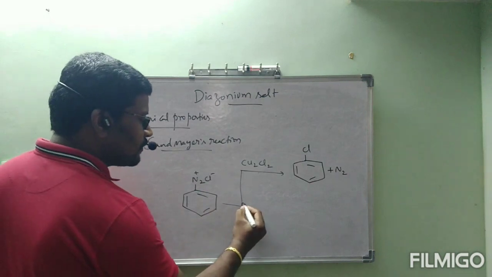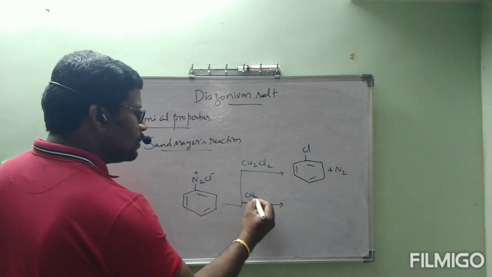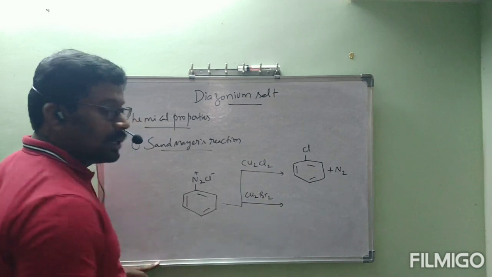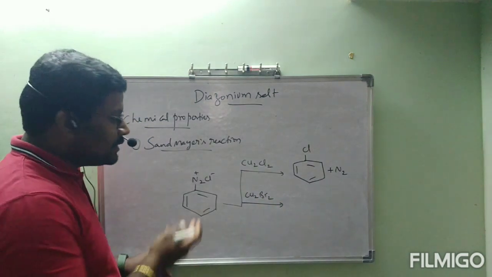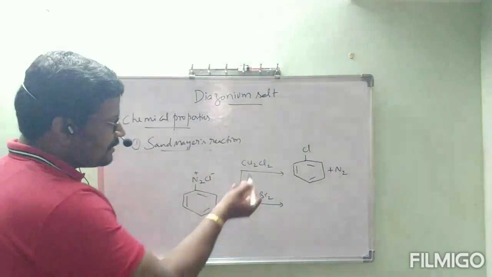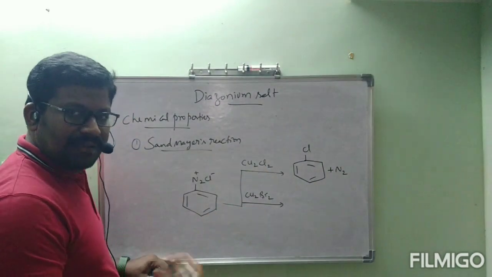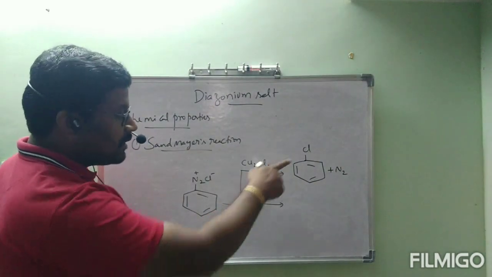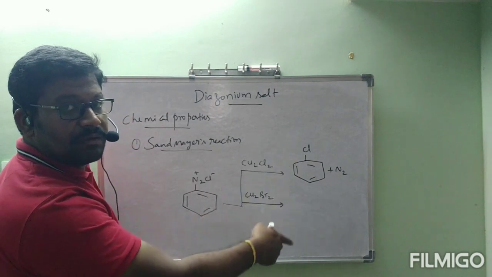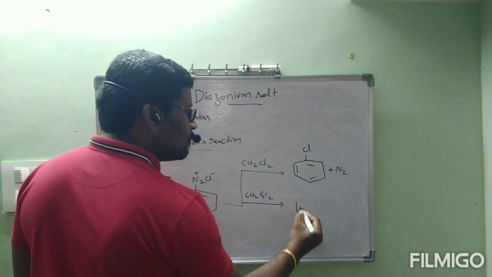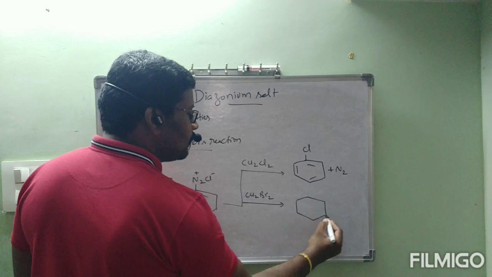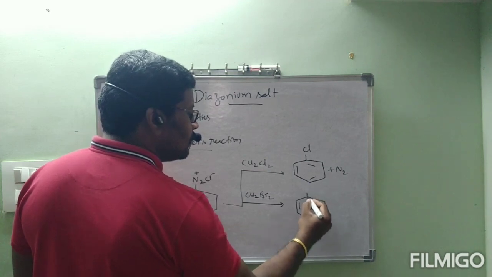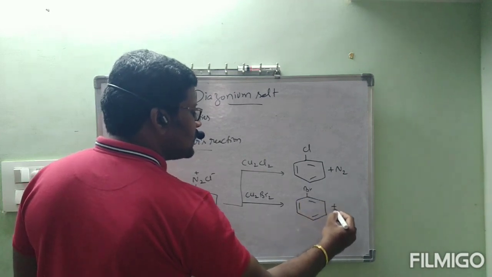Next, second one, Cu2Br2, cuprous bromide. This is also under Sandmeyer's. Actually, instead of chlorine we kept Br. Same thing. Here we got chlorobenzene, here we will get bromobenzene plus N2.